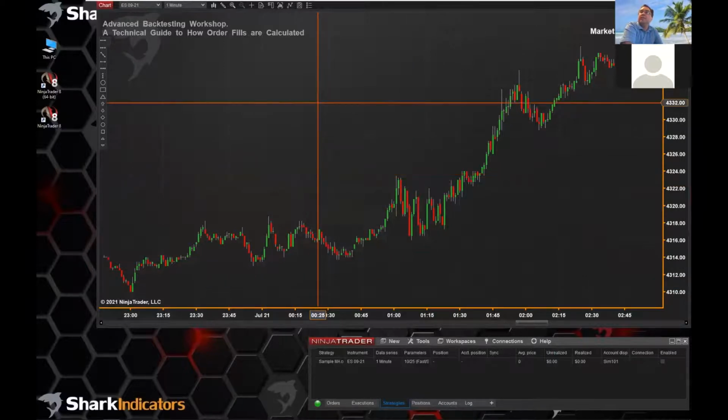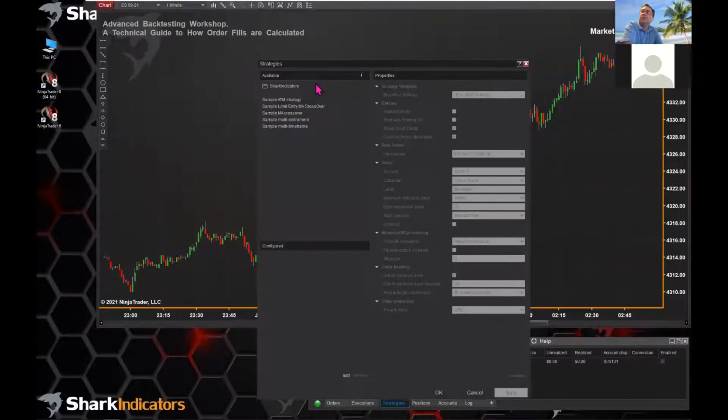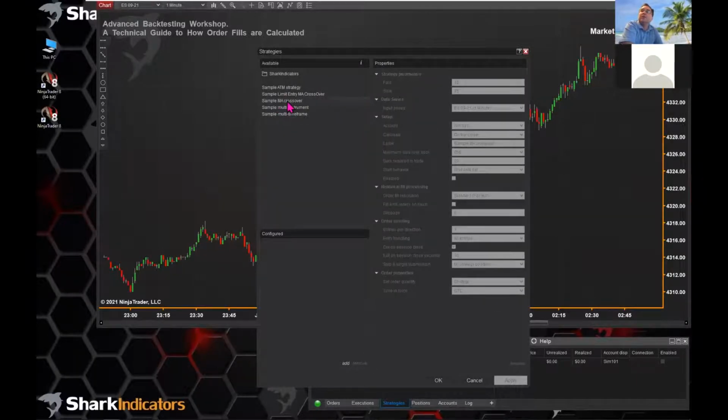And then the second thing is we need to open up the strategy class. And what I'm going to demonstrate is the simple MA crossover. It's a basic learning tool from NinjaTrader here, just to show you the simple basics of building a strategy, right? And so this simple moving average crossover submits market orders, right?